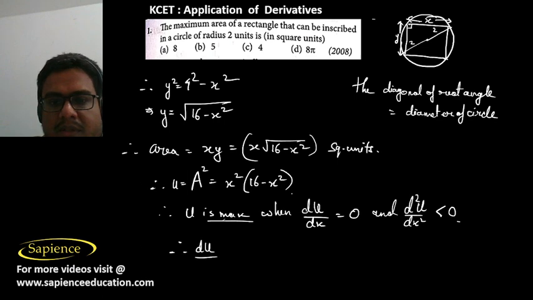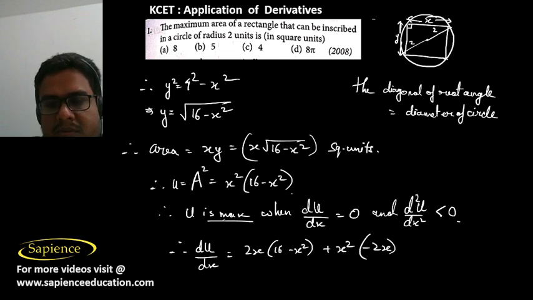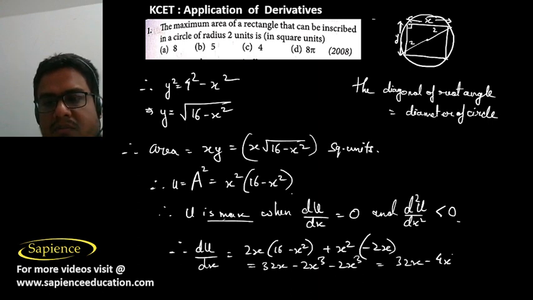Therefore, du by dx will be x square into minus 2x plus 2x into 16 minus x square. This will be 32x minus 4x cube.